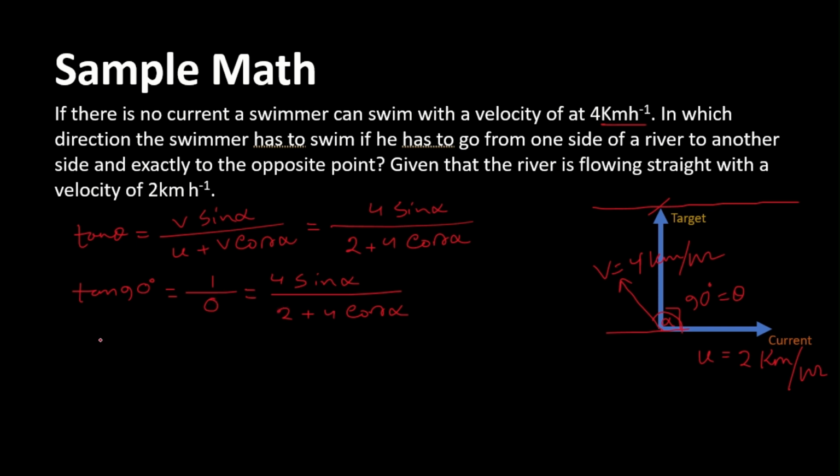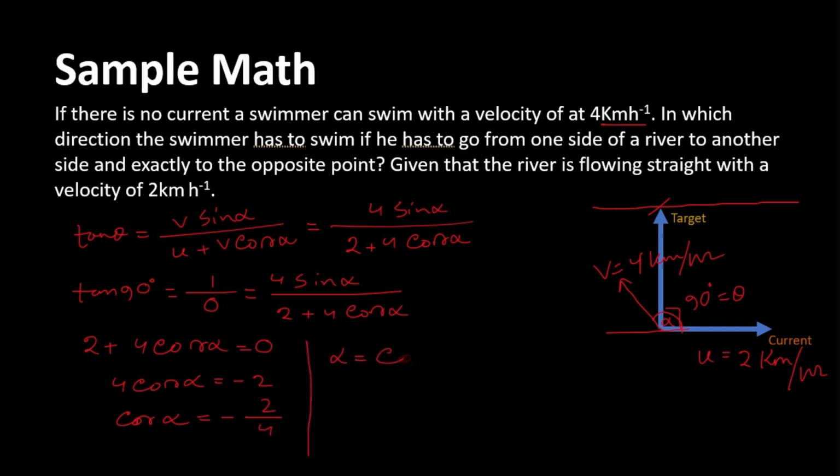By applying the cross product, we can write 2 plus 4 cos alpha equals to 0. So 4 cos alpha equals to minus 2 and cos alpha equals to minus 2 by 4.